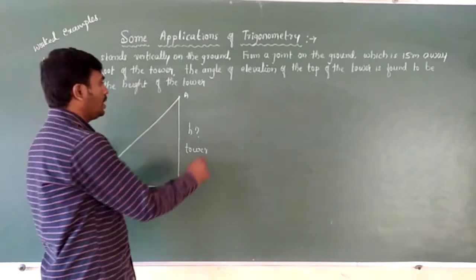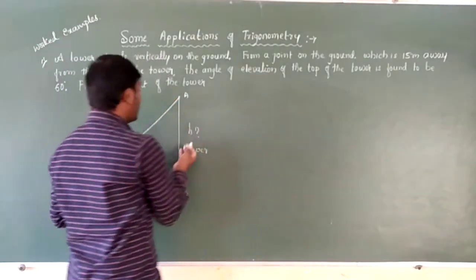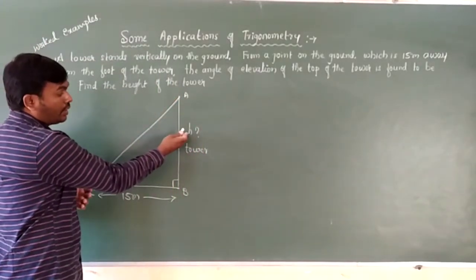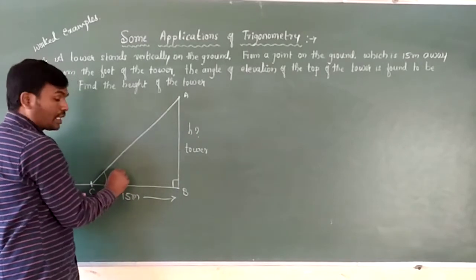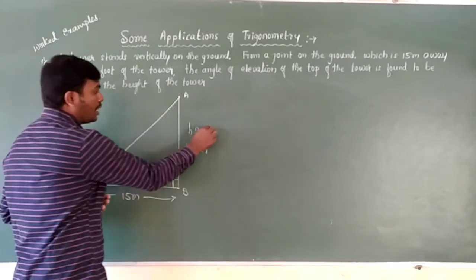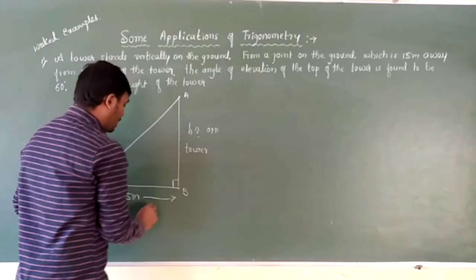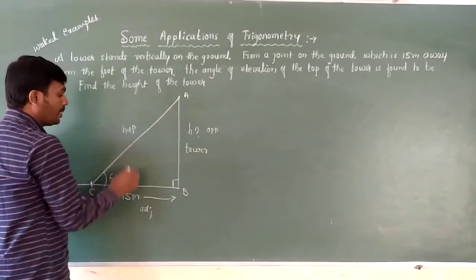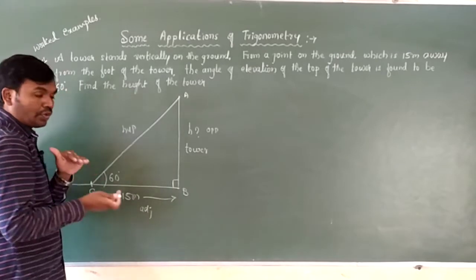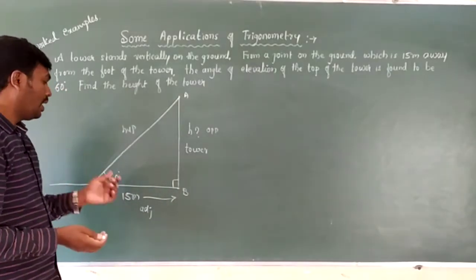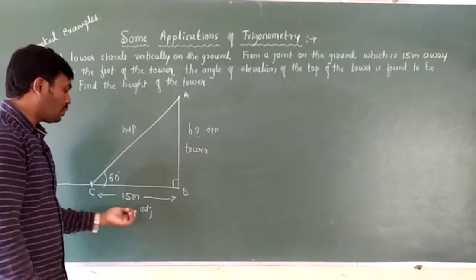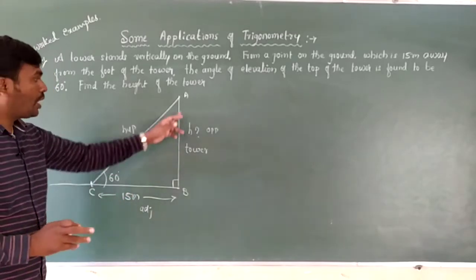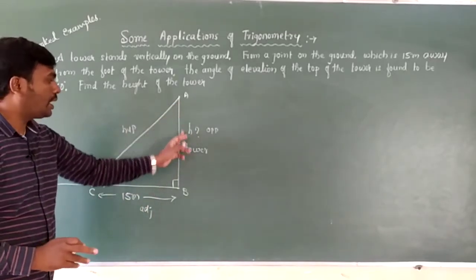For this reference angle, there is the opposite side, the adjacent side and the hypotenuse. When you are going to solve the problem, you have to identify the height of this tower.